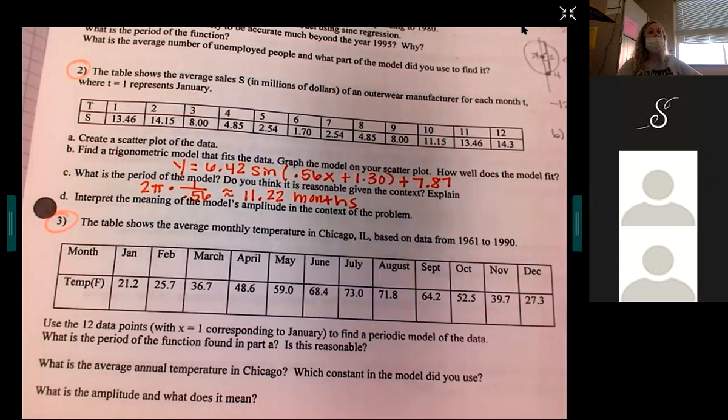So what this is saying is it will complete one full cycle where the temperature goes up, down, and back up in 11.22 months. Does that make sense? Why? Because January is, like, 13.46 is like January, and that's what that means.